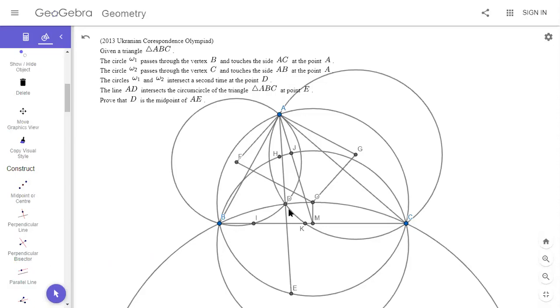So DAI is angle B minus angle CAD. I've seen that before. Isn't angle OFA equal to angle A?